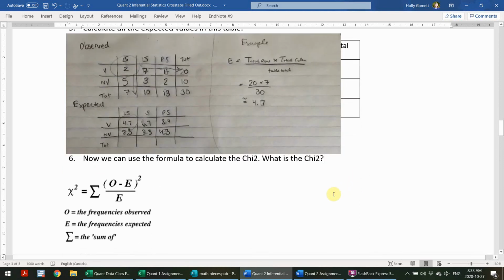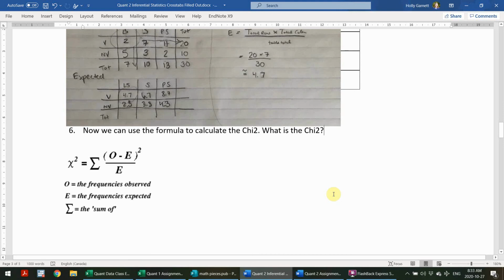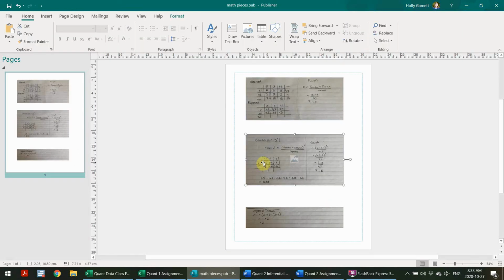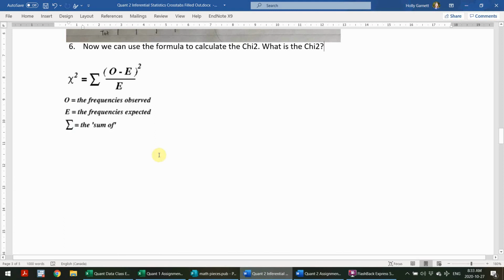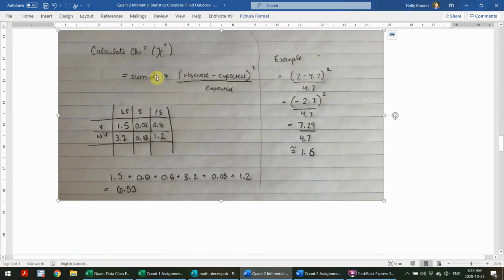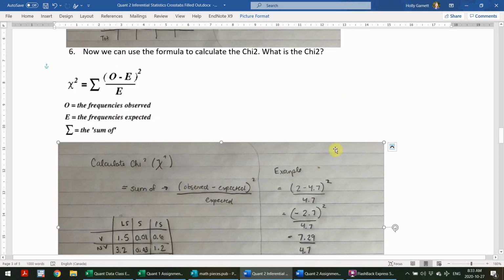So now we can formulate the chi-squared. Let's go over here. This is where I calculate the chi-square. We want the sum of, for each cell, the observed minus the expected squared over the expected. So let's go back up here.